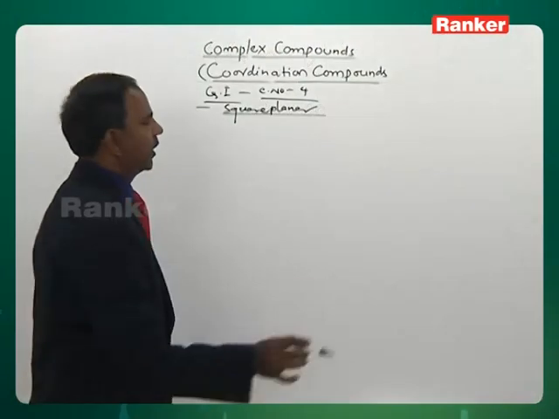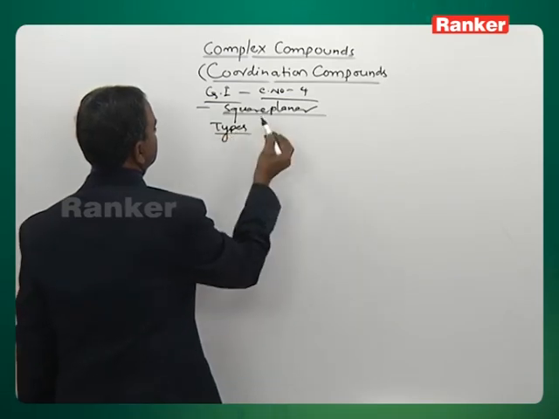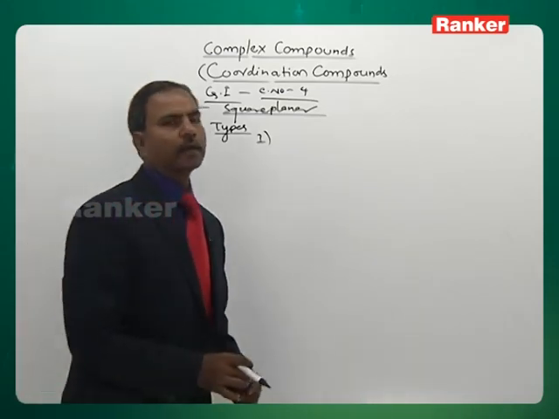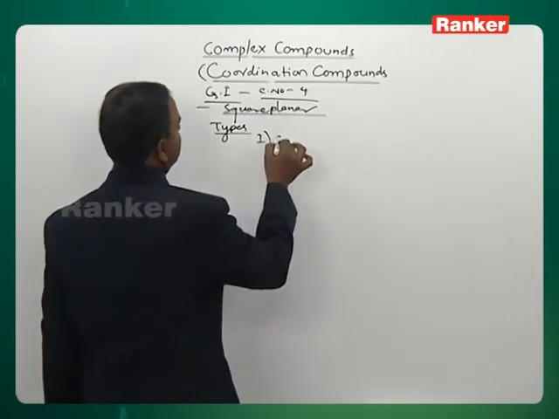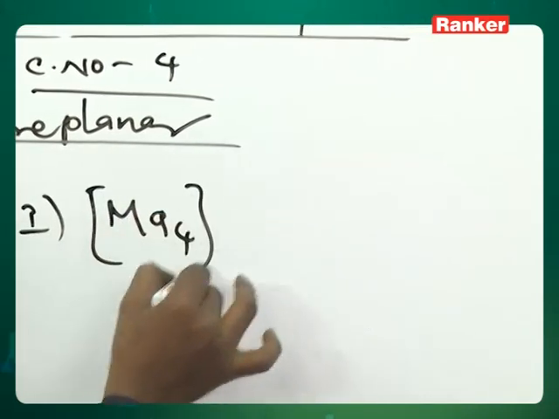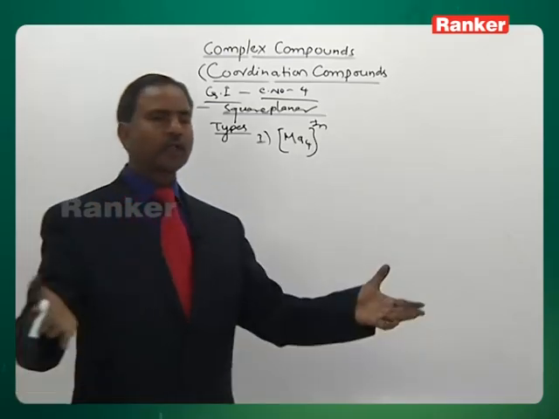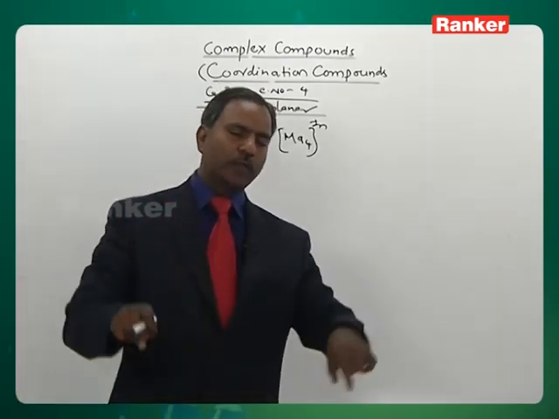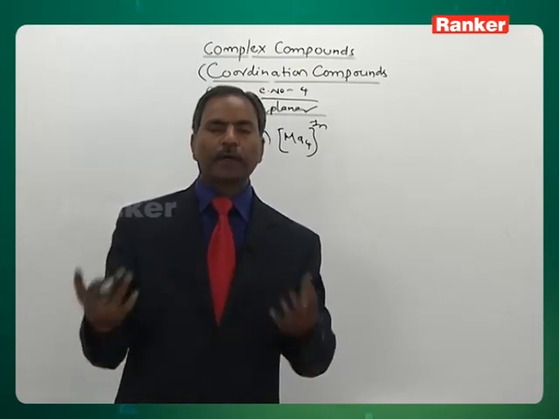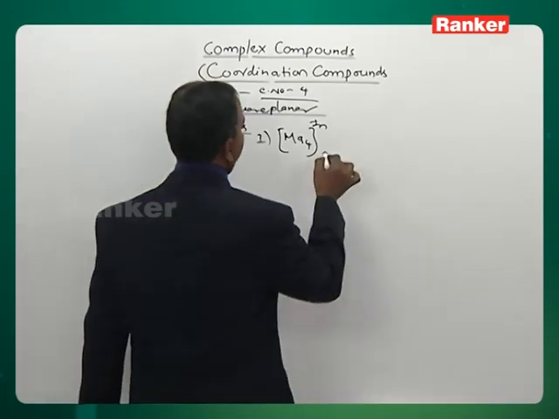Take the first one. If all the ligands are the same, consider MA4. There is no isomerism. If all 4 corners are occupied by the same ligand, can a second geometry be generated? No. Therefore, MA4 cannot exhibit any isomerism.